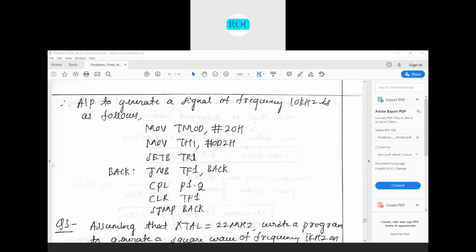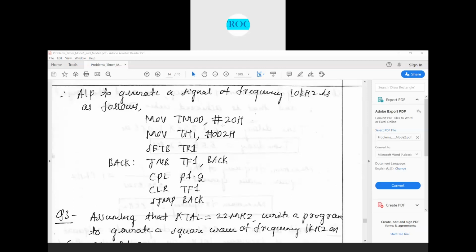MOV TMOD, #20H, MOV TH1, #0D2H, SETB TR1. This we know it, right? Since timer 1 is selected, we load TMOD with 20H. The initial count value we got for 10 kilohertz frequency is D2H.